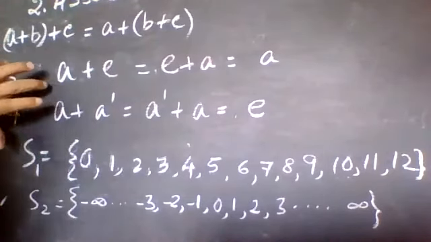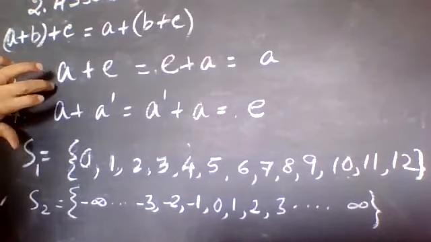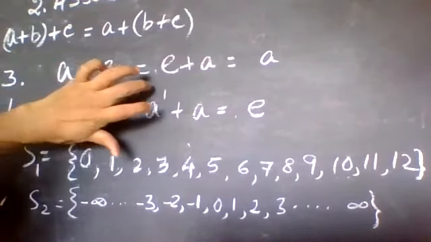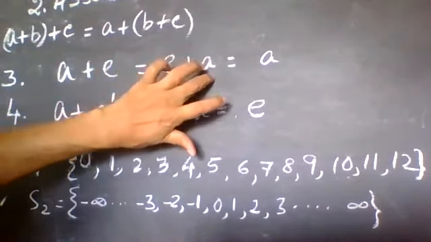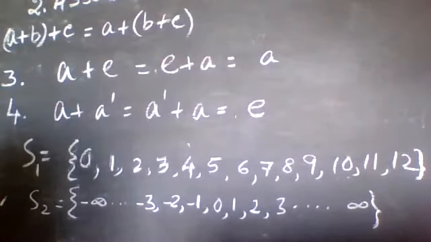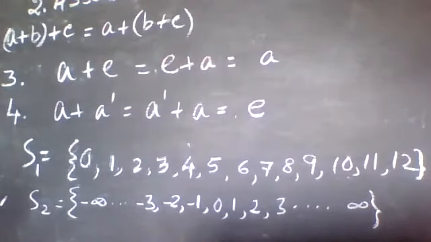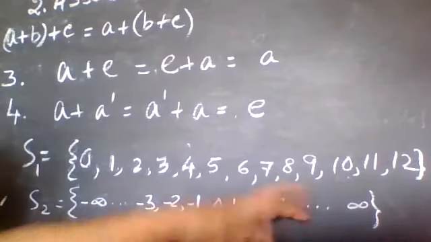So if you have A equals 5, then 5 plus 0 equals 0 plus 5 equals 5. So it is all going well.